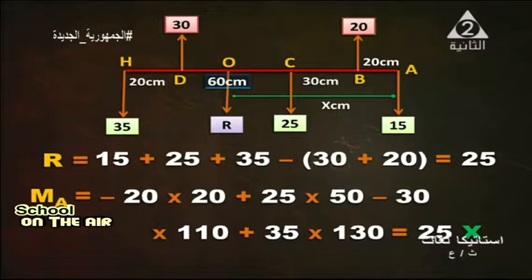point A equals the moment of the forces, equals the moment of the resultant multiplied by the distance x. We suppose the distance between R and the point A is x. Therefore, 25x equals negative 20 times 20 plus 25 times 50 minus 30 times 110 plus 35 times 130.